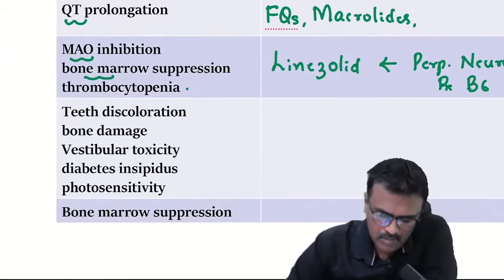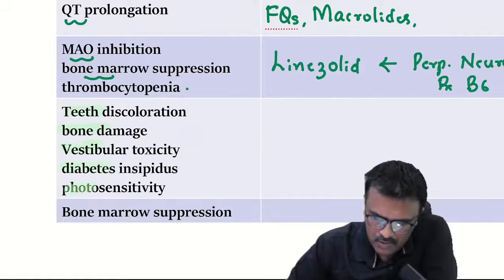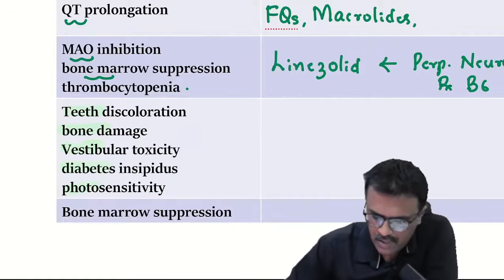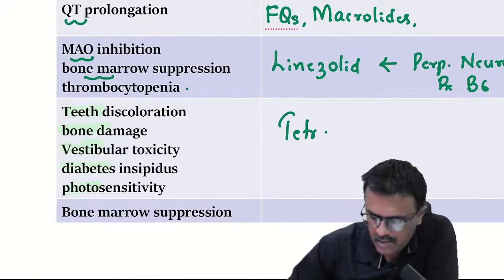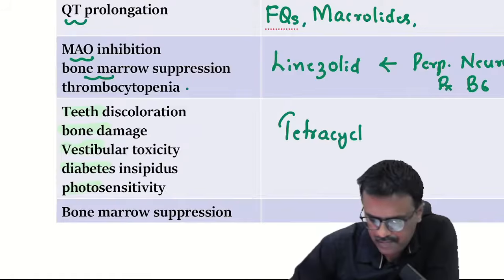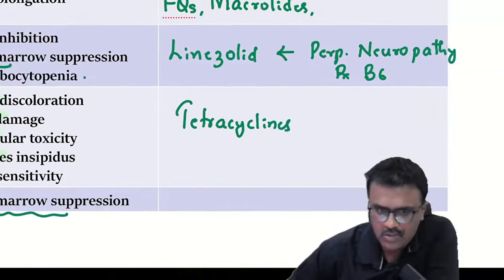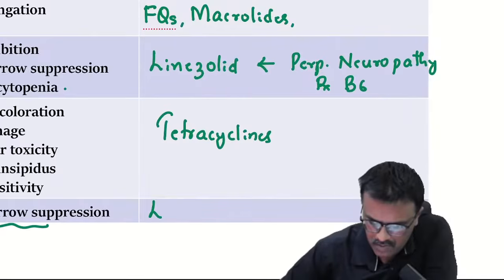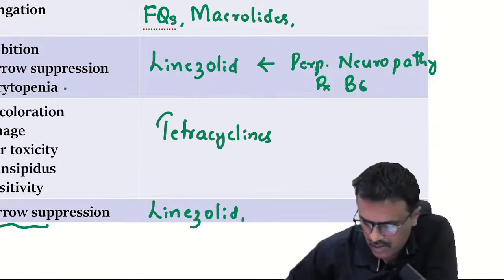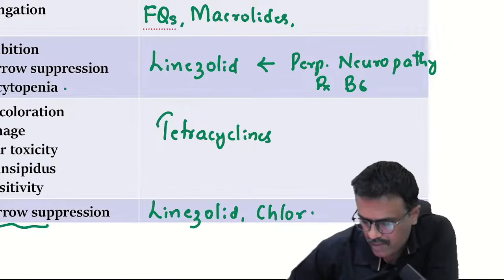Teeth damage, bone damage, vestibular damage, and diabetes insipidus, photosensitivity, it is mainly by our tetracyclines. Bone marrow suppression, I just told you one drug already, linezolid, and one more drug, chloramphenicol.